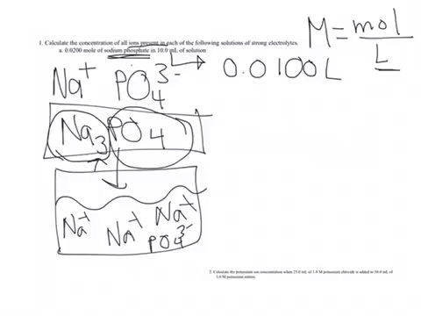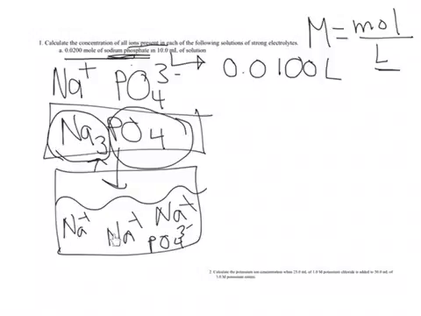So let's think for a moment. If we have 0.020 moles of the whole compound, sodium phosphate, and our goal is to find the molarity of each of the ions, we need to know the moles for sodium.